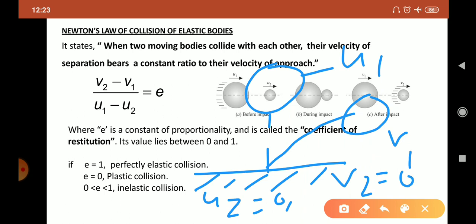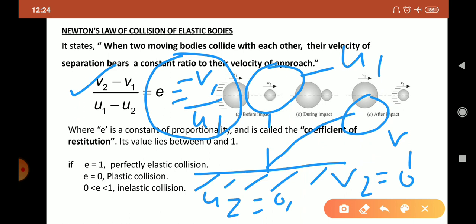So when we put this in the equation, we get the coefficient of restitution for the case when the second body is at rest before and after collision. In that case we get minus v1 upon u1. Now you will ask why it is minus.